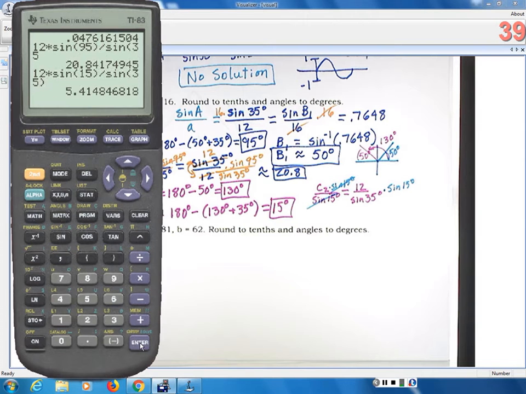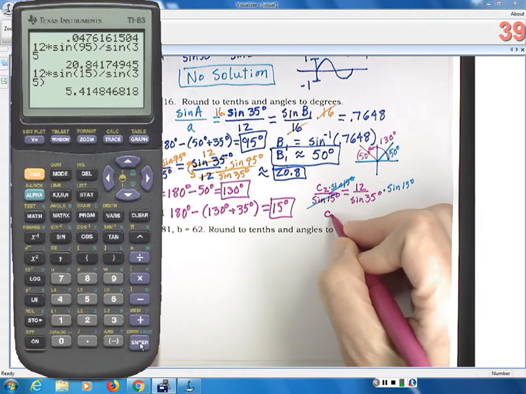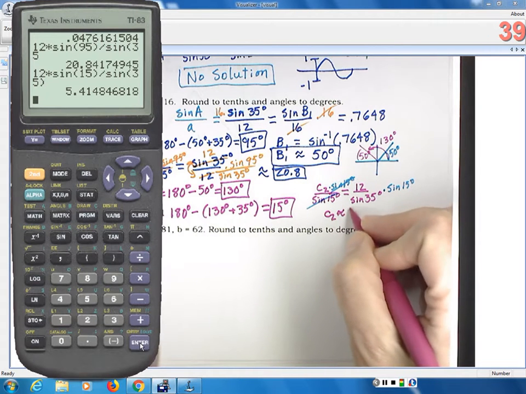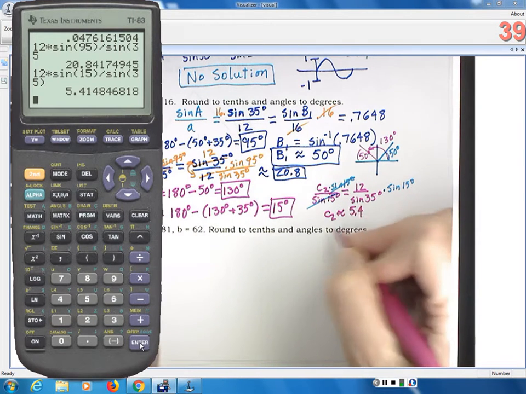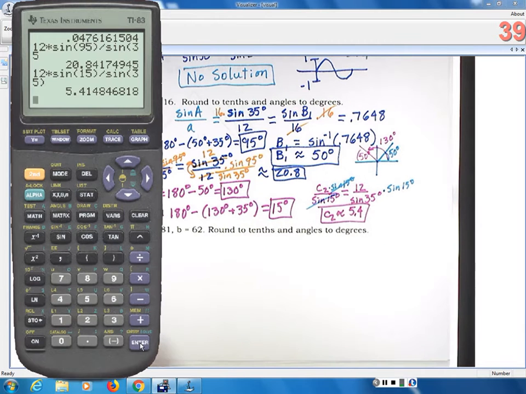Okay? And we get 5.4. Side C2 is approximately 5.4. So we've got two triangles.